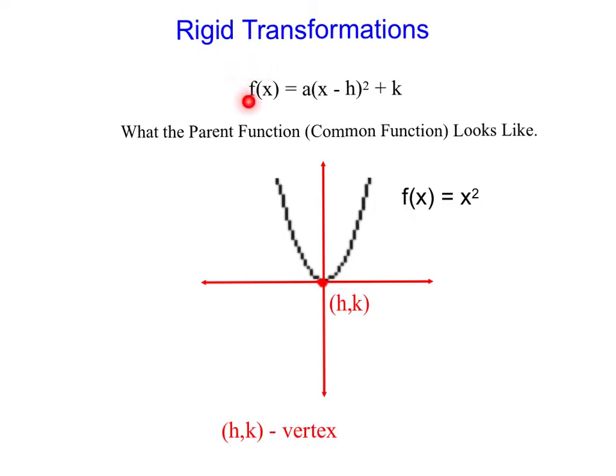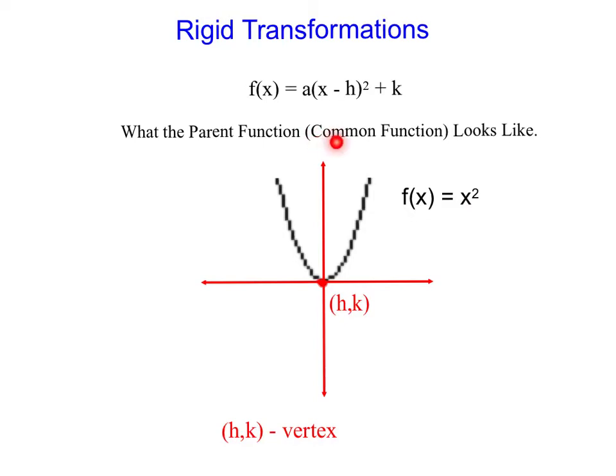Okay, so here I have the standard form for a parabola, also known as what? If you said vertex form, you are correct. Now, this here is called the parent function, but you know what? When we get into college algebra, your college algebra textbook doesn't call it a parent function.